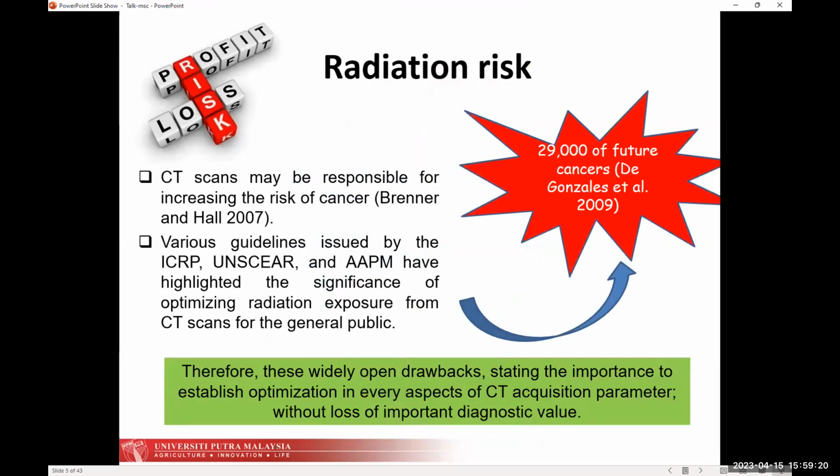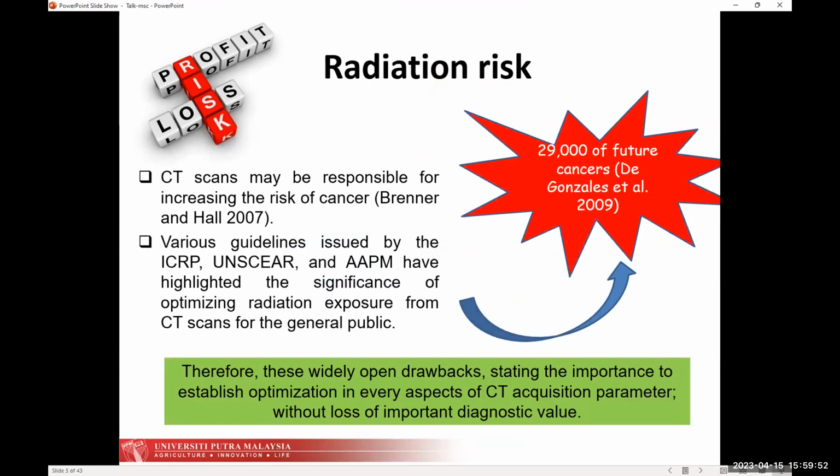That's why it has become a concern, especially in 2007. There's one famous paper published by Brenner and Hall, which says that CT scans may be responsible for increasing the risk of cancer. And therefore, it has become a concern for the population and everyone, especially the authorities such as ICRP, ANSIA, and APM, who established various guidelines.